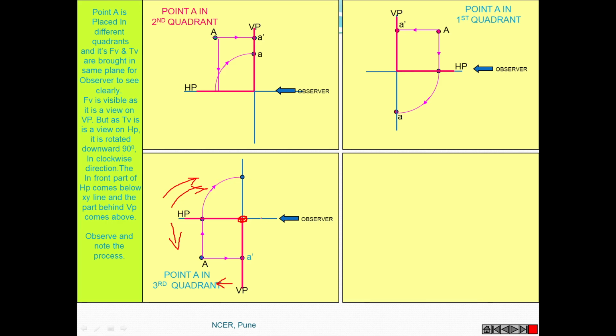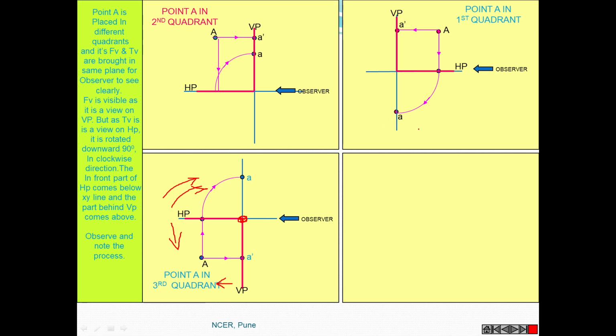After rotation, you get the top view of point A above the XY line. Compared to the first quadrant, where front view is above and top view is below the XY line, the third quadrant has front view below and top view above the XY line, opposite to the first quadrant.